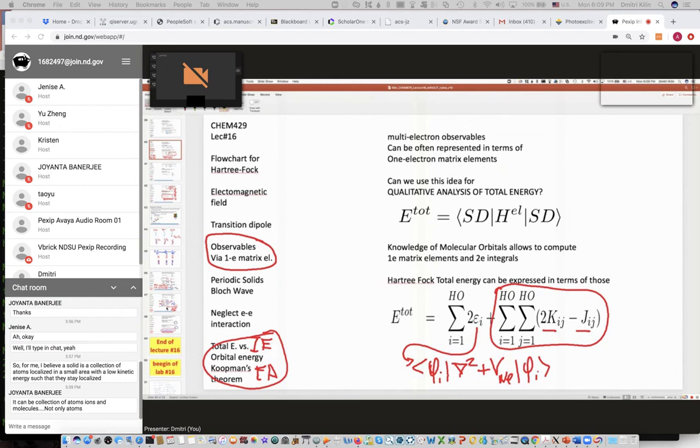And the question is, on one hand, trivial, because we do have the protocol for how to take total energy out of the molecular system if you practice Hartree-Fock with Coulomb exchange. But the question is how to assess total energy in a quick, qualitative way.